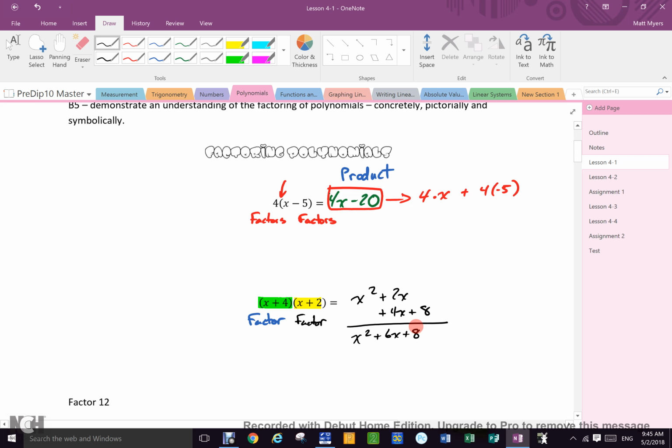Hopefully, though, you remember, didn't Mr. Myers, in his infinite wisdom, give us a special shortcut for what to do when I had x and x? What was that shortcut? It was a shortcut to FOIL. This is FOIL. What was the shortcut? x squared. And then what did we do with 4 and 2?